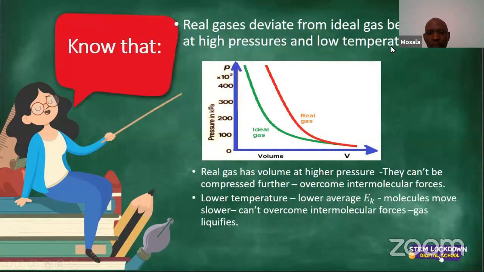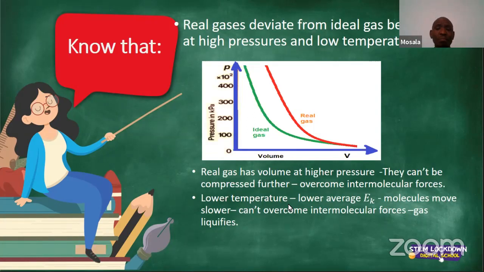Right, at lower temperature, we have also said that they deviate from ideal gas behavior at higher pressure and low temperature. Now, how do you explain this at lower temperature? Remember that we have said that temperature is a measure of average kinetic energy of molecules. What does that mean? It simply means if the temperature is low, the average kinetic energy of molecules is also low.